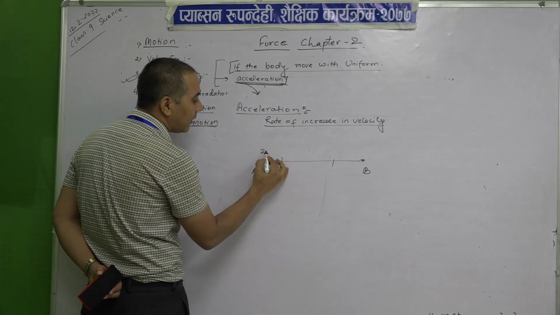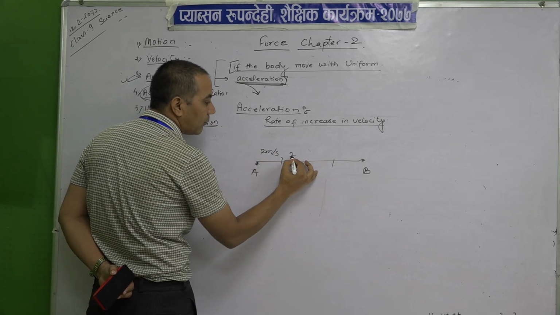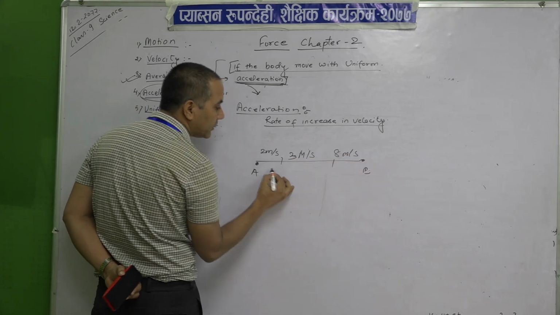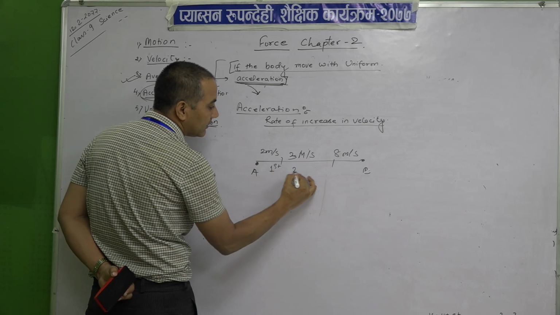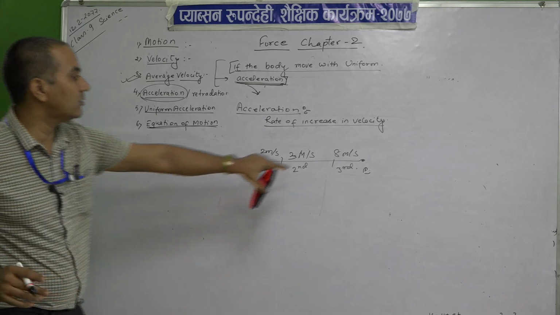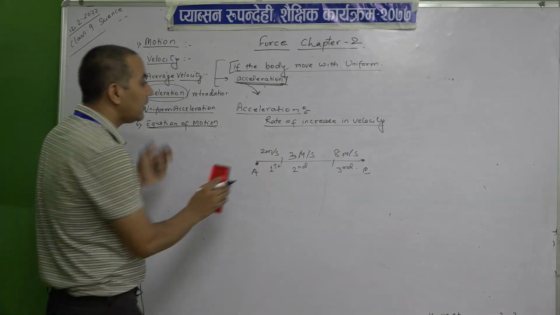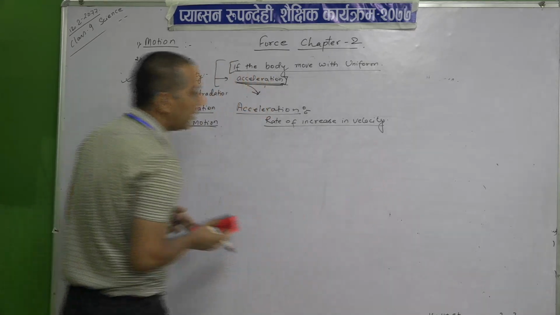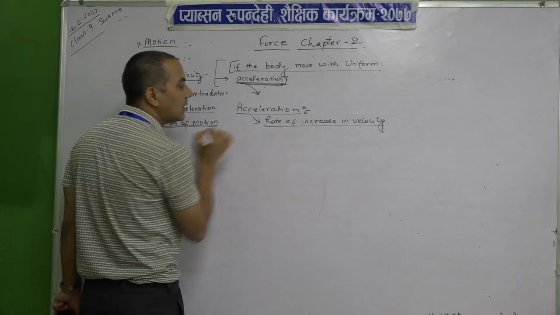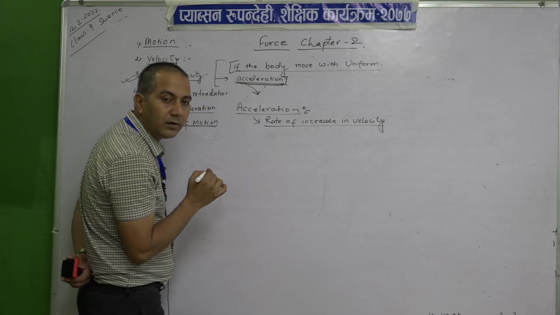If it increased like 2 meter per second, 3 meter per second or 8 meter per second, with first second, second and third second, it reached the velocity of 8 meter per second, and suppose the rate of increase is uniform. So, rate of increase in velocity is called acceleration.